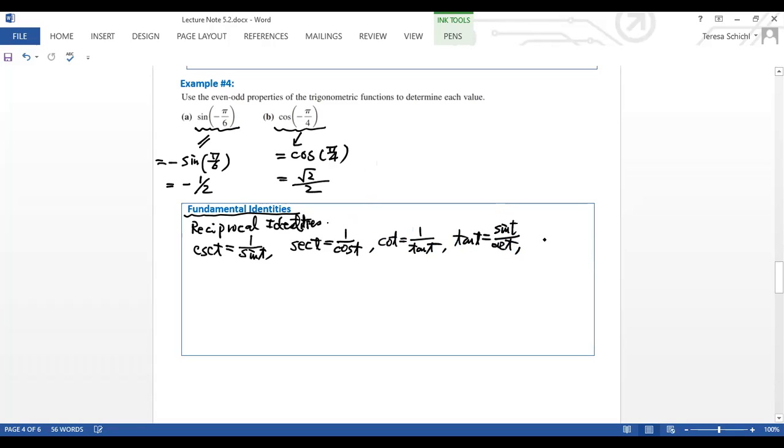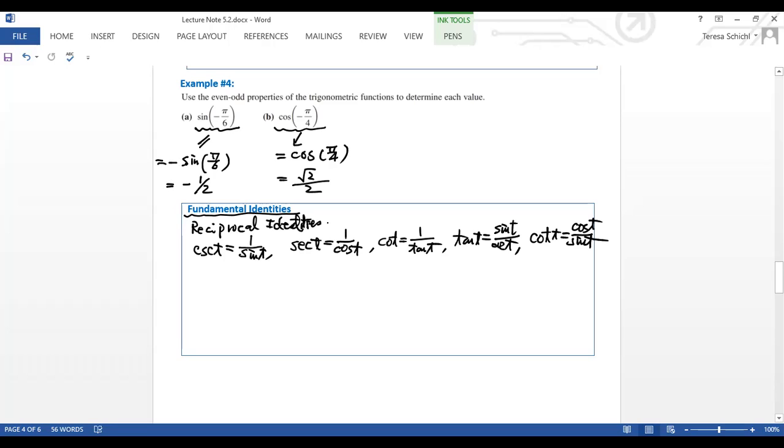The same way, the cotangent t is the cosine t over sine t. So even though we have 6 functions, basically we only have 2: sine and cosine. All the other remaining 4 can be derived from the sine and cosine.